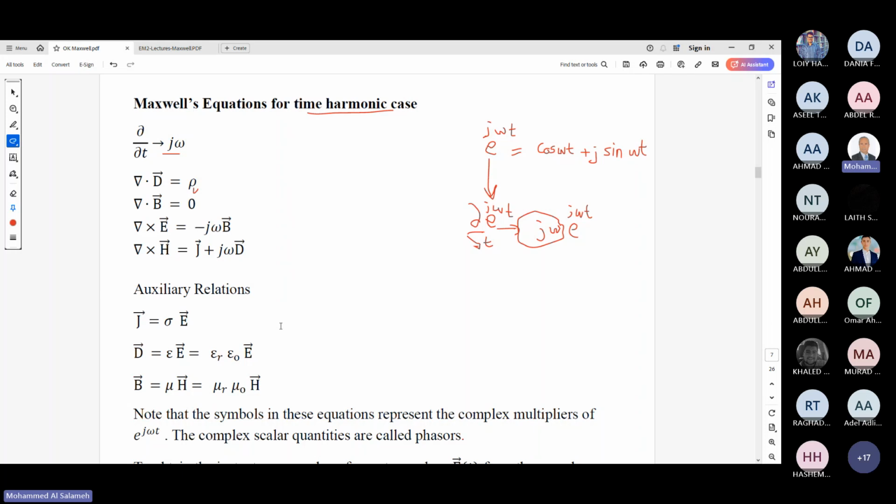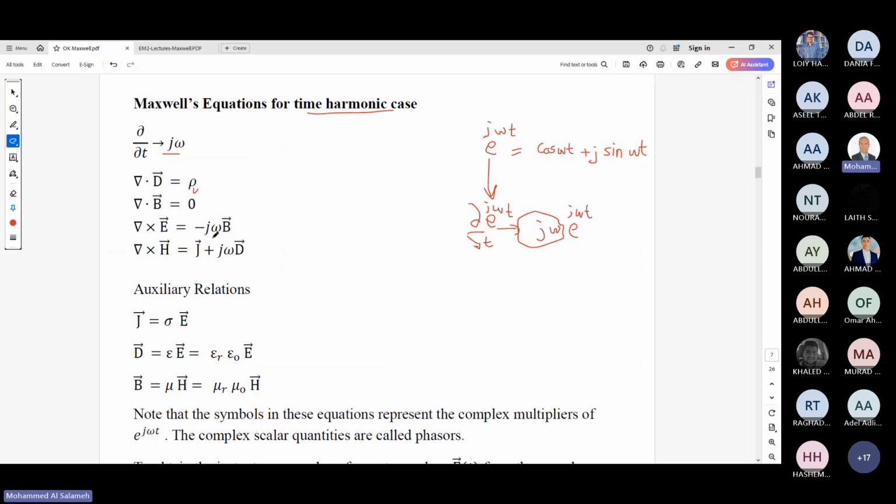Update this here. So it is del dot D equals rho v. Del dot B equals 0. There is no time derivative here.